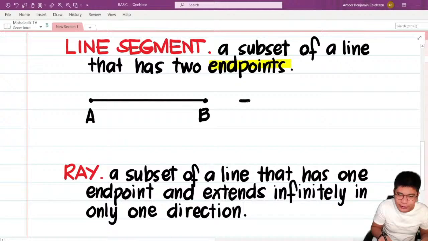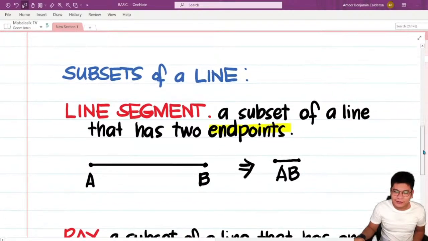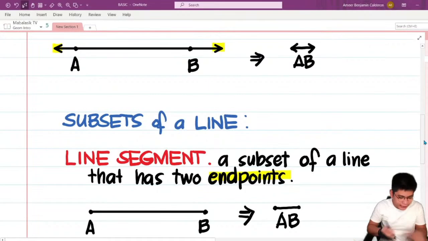And how do we name a segment? So the accent is something like this. Okay, let us see the difference. So this is line AB. This is read as, lagay din natin paano binabasa ha.